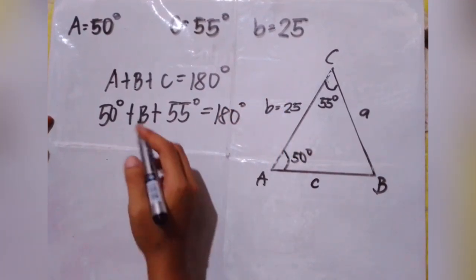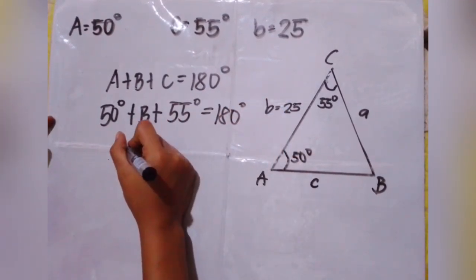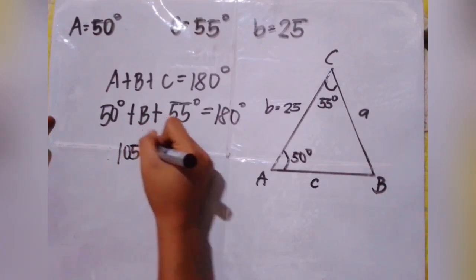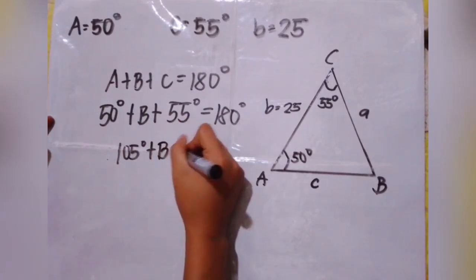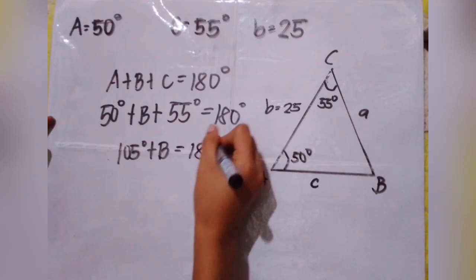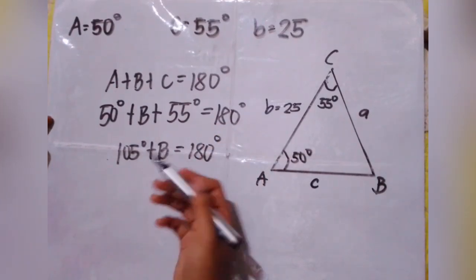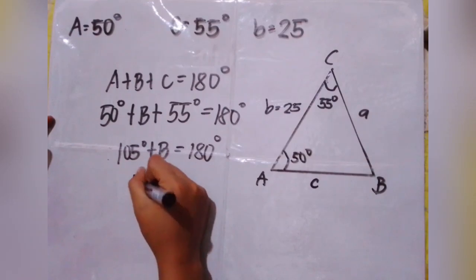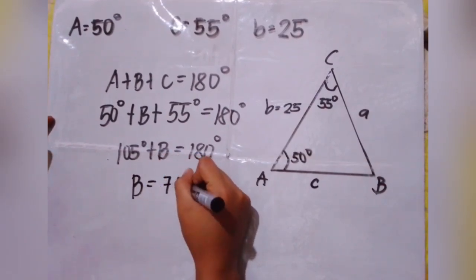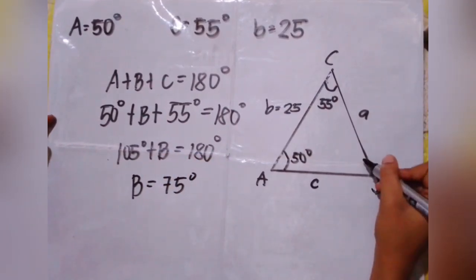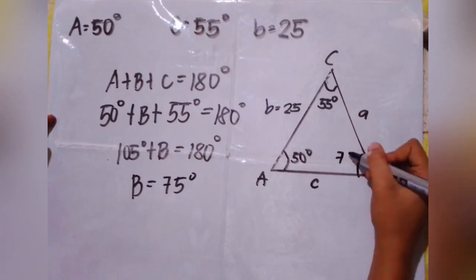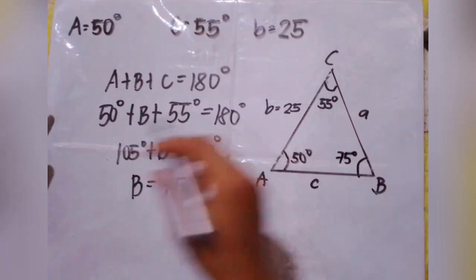Then add: 50 plus 55 degrees is equal to 105 degrees plus B is equal to 180 degrees. Then subtract 105 from both sides. Therefore, our angle B is equal to 75 degrees.